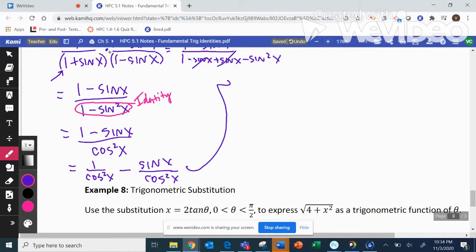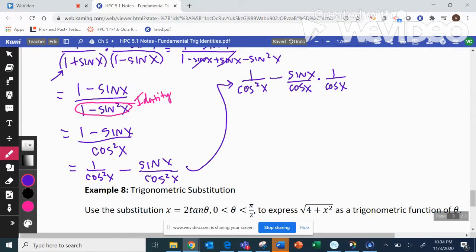And then I'm going to take 1 over cosine squared x. I'm going to take this sine x and the cosine squared x, and separate it. So it's sine x over cosine x multiplied by 1 over cosine x.